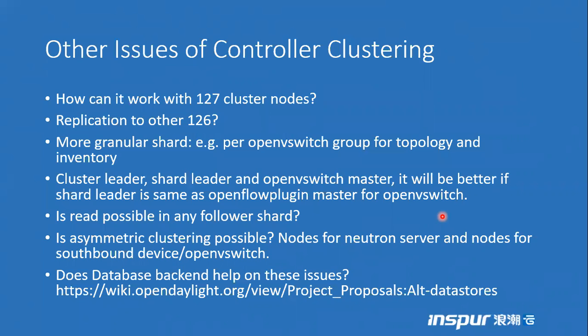So in current cluster design, it is more like data replication, not distributing the workload to different cluster nodes. So if we have 127 cluster nodes, only one cluster node is handling all the read and write operations from every node for inventory and network topology. So actually, shard leader is the bottleneck for this.